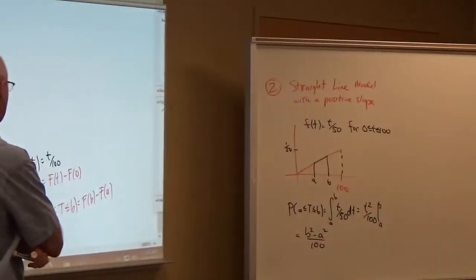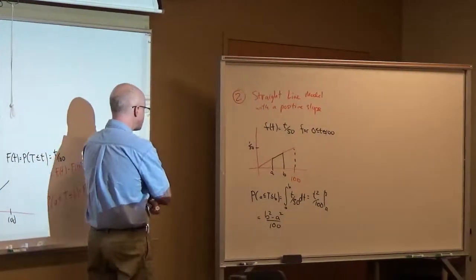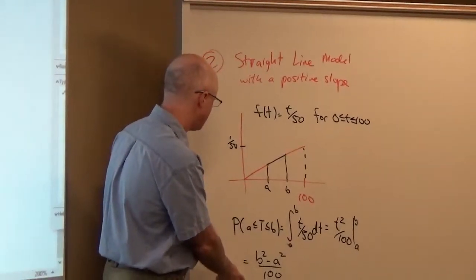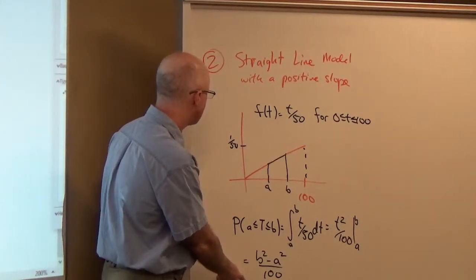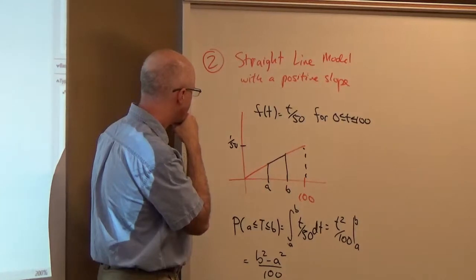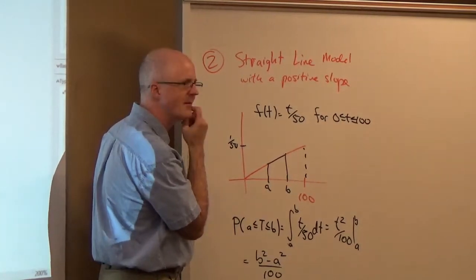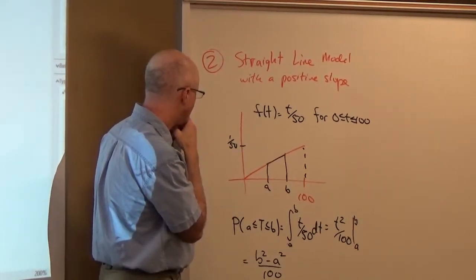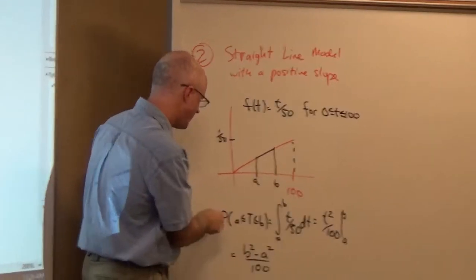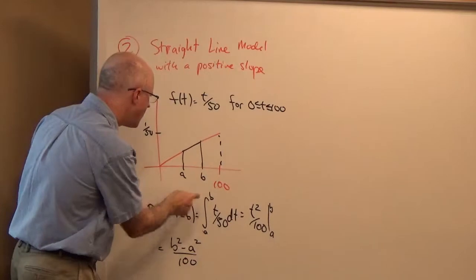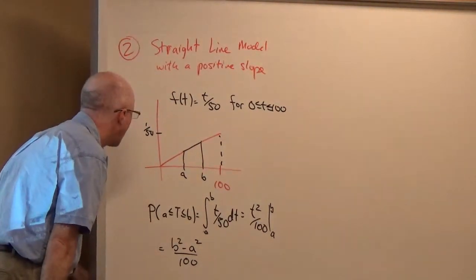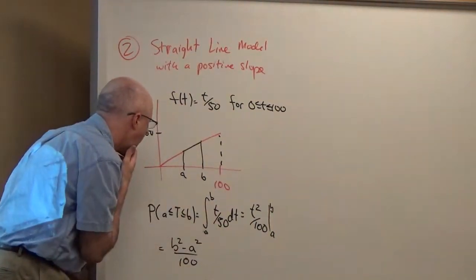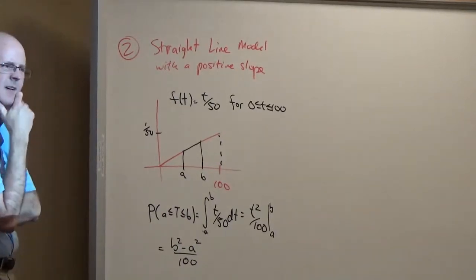I'm still feeling like something's wrong here, because when A is 0 and B is 100, that's good, but the derivative of 1/50th times the derivative of t... Why is f of t divided by 50?